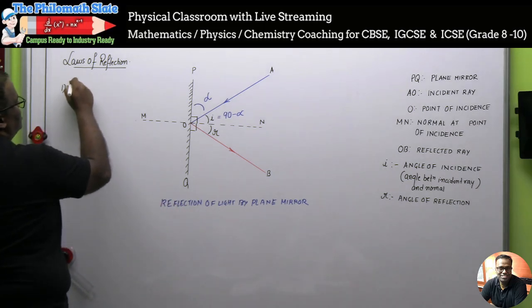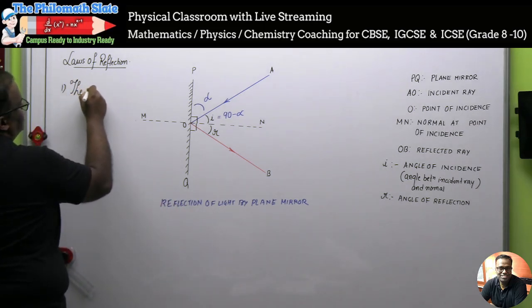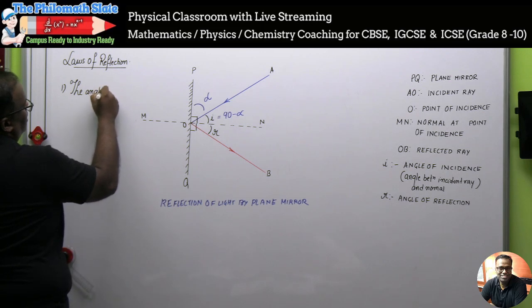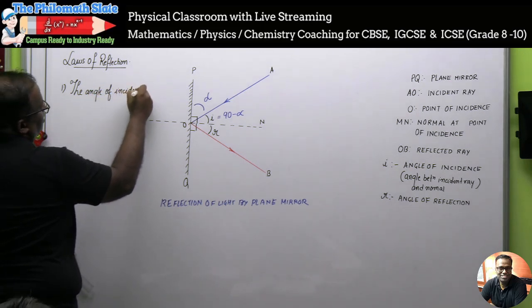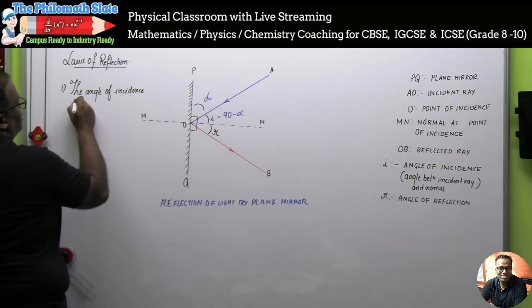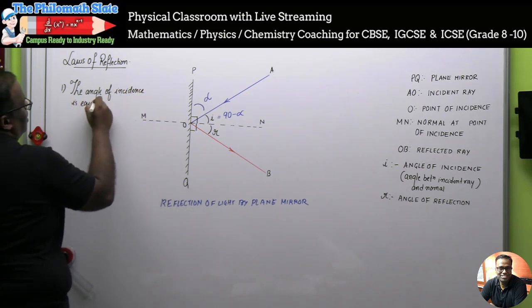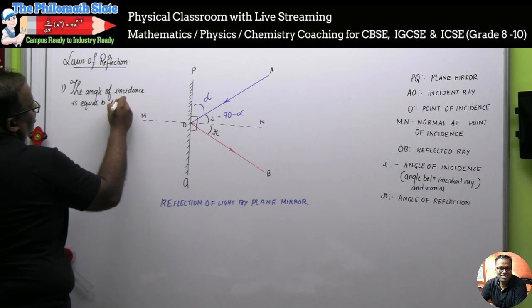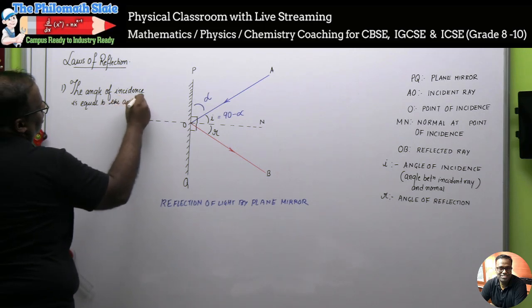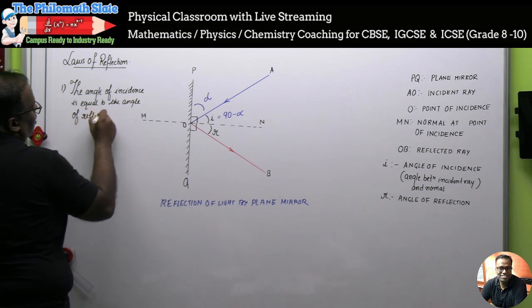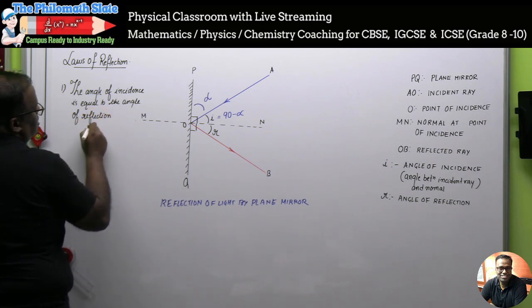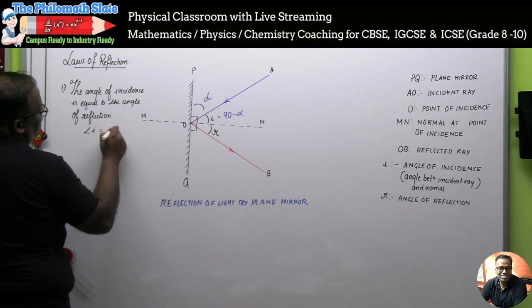The first law is the angle of incidence is equal to the angle of reflection, which means angle I is equal to angle R.